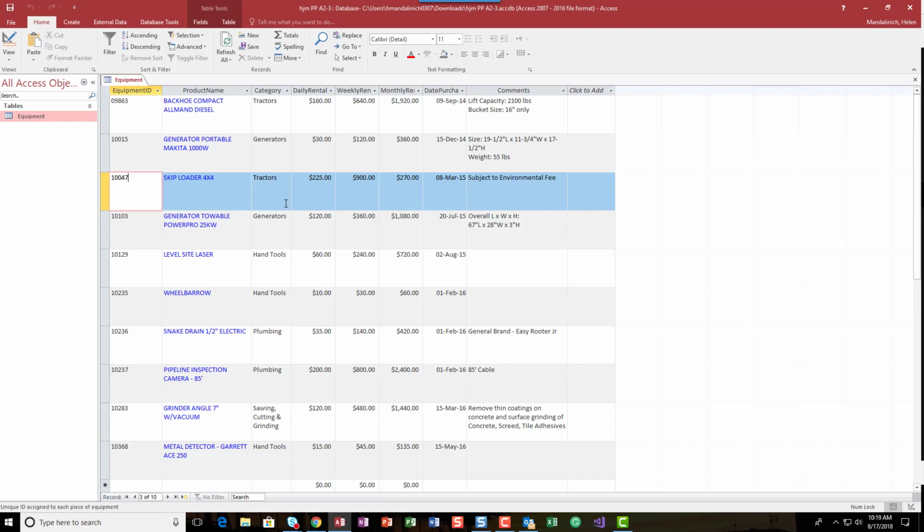And then the third kind of relationship is a many-to-many. A many-to-many in Access cannot exist between two tables. You must have a junction or intersection table, something in between. If you watched my movies where I was talking about the used car lot, we had salesmen, customers, and cars. Those are three different tables. None of those have a relationship except through a sale.